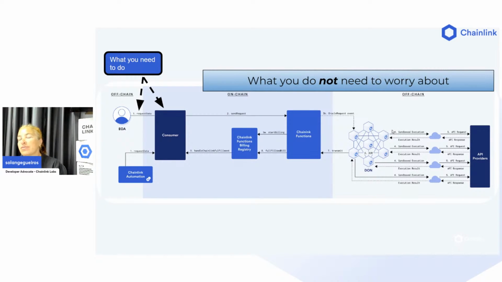And we have more than one node doing this process, bringing the execution result back to the DON, which creates the consensus, transmitting to the Chainlink functions router, and then you are paying for this, and this will be registered, and the result will be handled to the fulfill function in your smart contract. So you only take care of this, create your contract, only this. And all the other big part is made by Chainlink.